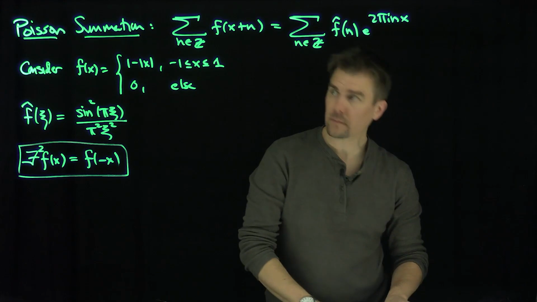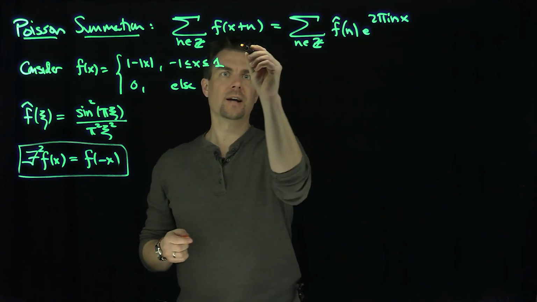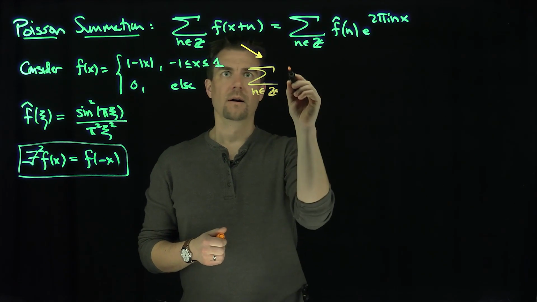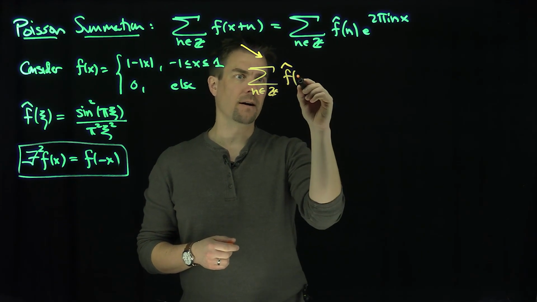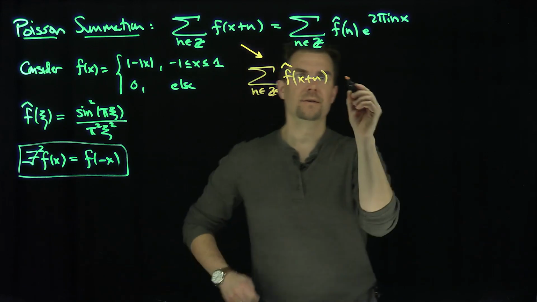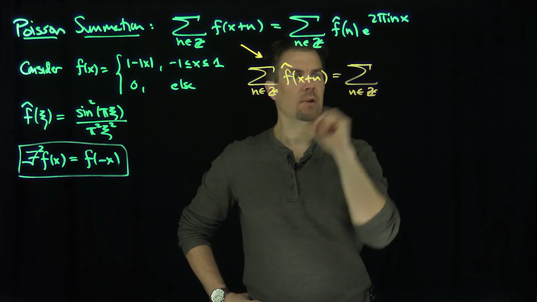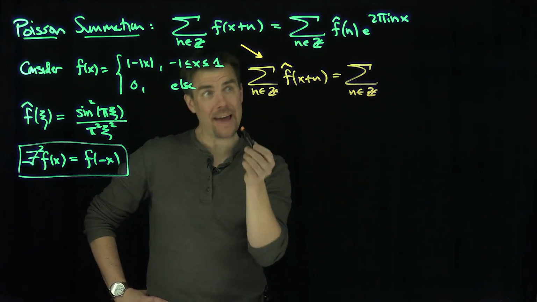So let's do so. As a consequence of this, I can say that the sum over n in Z of f hat of x plus n is the sum over n in Z of f hat of n e to the 2 pi i n x.